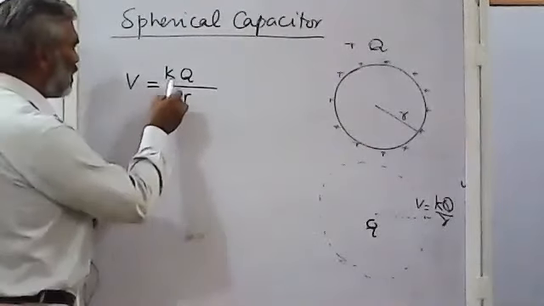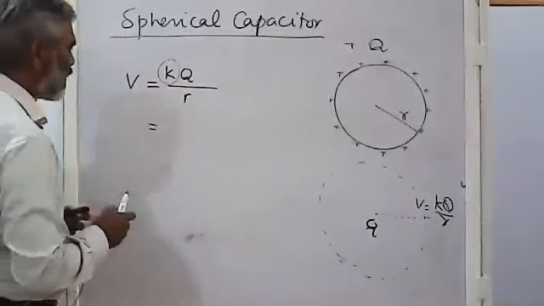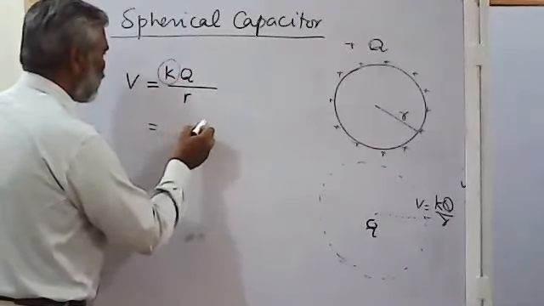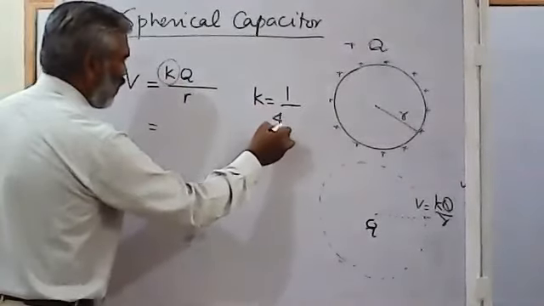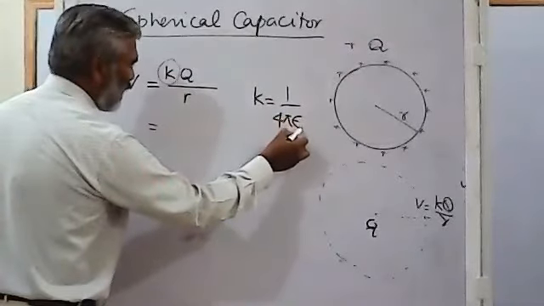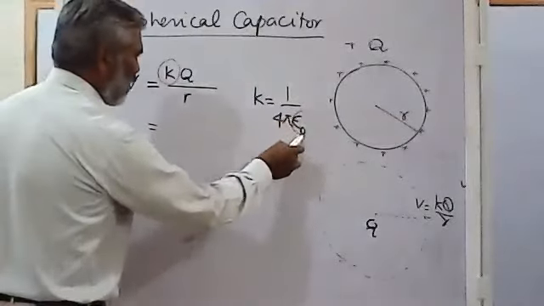If I use this k in terms of epsilon, you remember k is equal to 1 over 4 pi epsilon naught. So this epsilon is permittivity of free space.